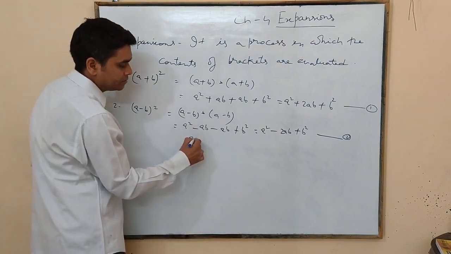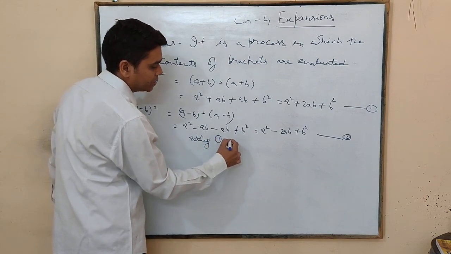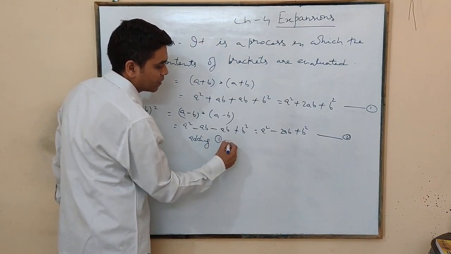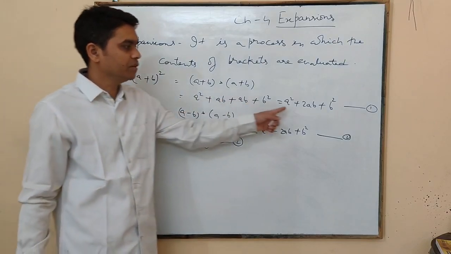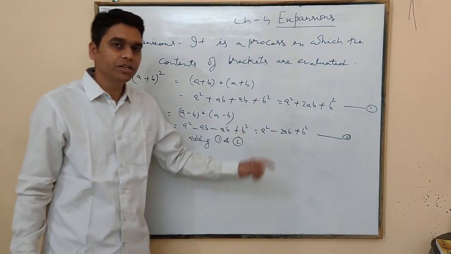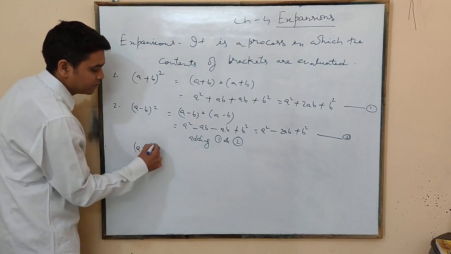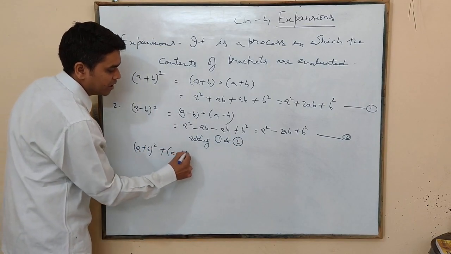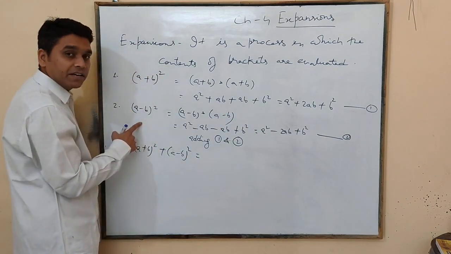Now adding equation 1 and 2. This is equation number 1 and this is equation number 2. So this is a plus b whole square plus a minus b whole square on the left hand side.